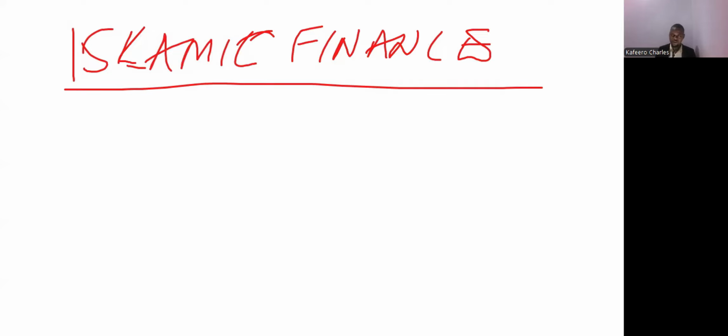But one thing that you need to appreciate is the fact that in this paper 15, Islamic finance is examined in question 1, and it is always there. If I told you to look at the past paper numbers, it's always there, because it is an international concern.